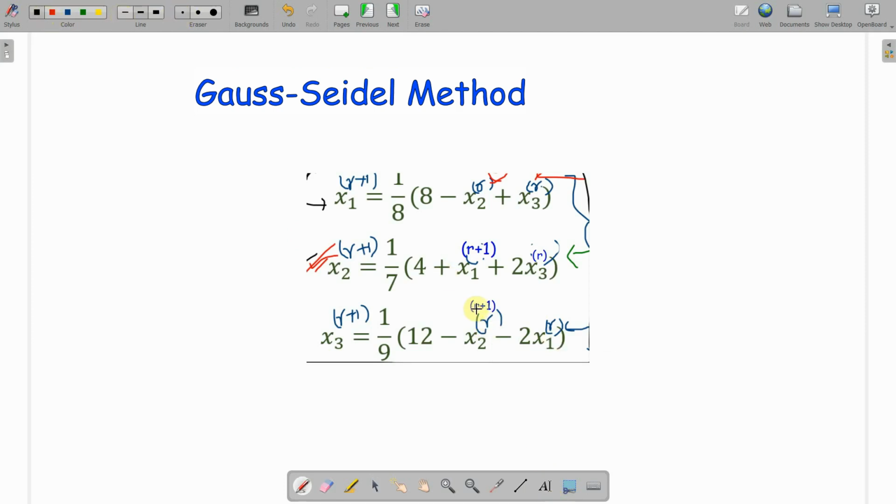Okay, so the x2 value will be r plus 1, and what will be the x1 value? It will also be r plus 1, and this will also be r plus 1. Got it?